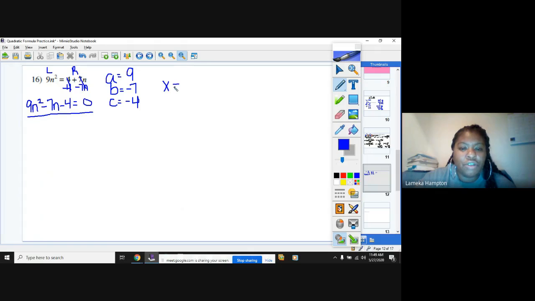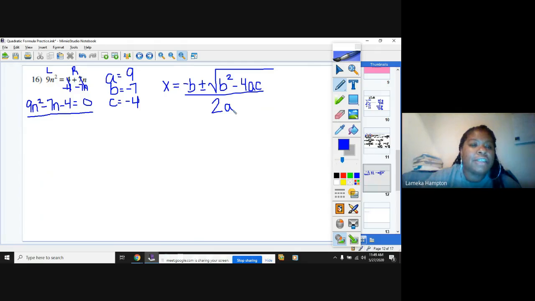And y'all know Miss Hampton is a creature of habit, so I have to write these things out: negative b plus or minus the square root of b squared minus 4ac, over 2a. All right. So now, can anybody tell me, if I substitute these numbers for the letters, what I'll have as my equation?